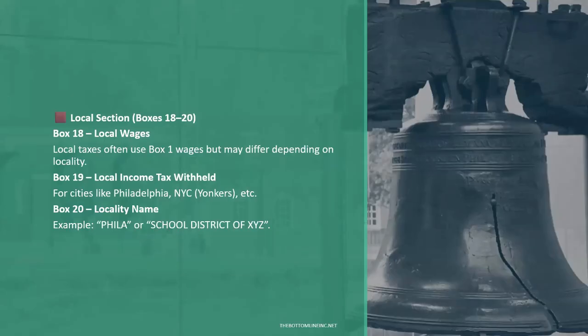And most of us here are in Philadelphia, but we do have local governments right outside of Philadelphia. Philadelphia does have a local tax. So if you work in Philadelphia or you live in Philadelphia, you pay a Philadelphia wage tax. So even if you live in New Jersey, but you work in Philadelphia, you have to pay the wage tax.